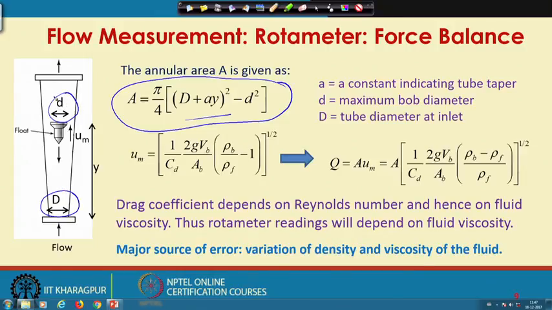So, this is small d, and a is a constant that indicates the taper of the tube, and y is the float reading, that means the position of the float from the zero of the scale. Then here the annular area A is given as pi by 4 into (D plus a y) whole squared minus d squared.